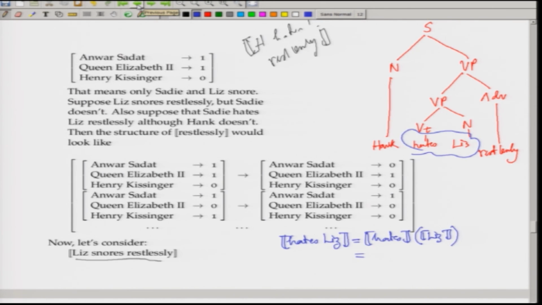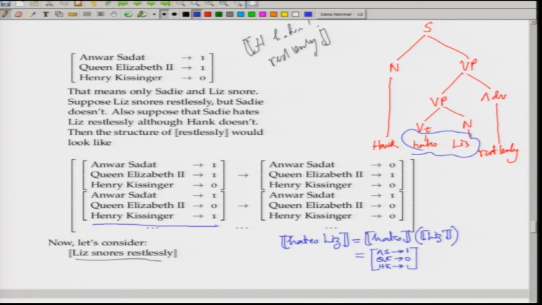So, hates Liz will be 1, then 0, and then HK 1, right. Now, we can see that this now looks like this 1 0 1.